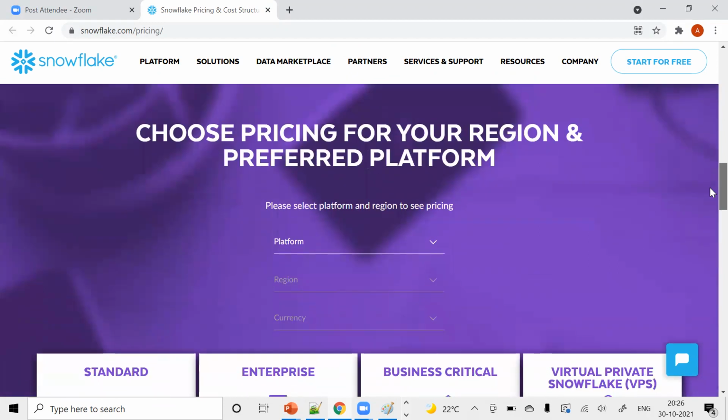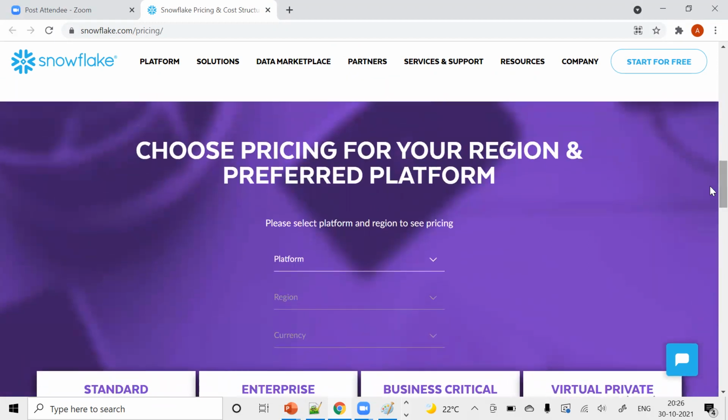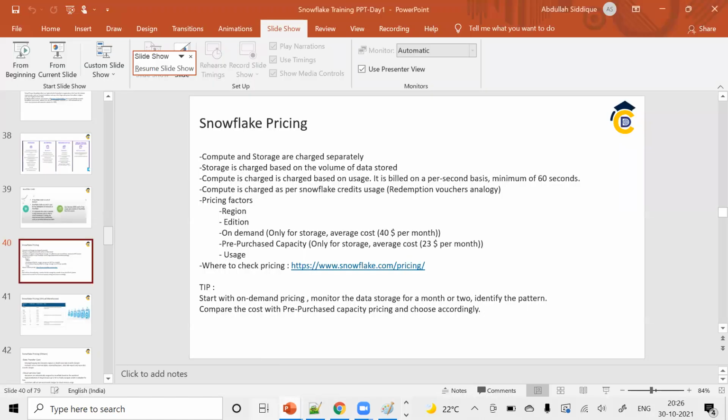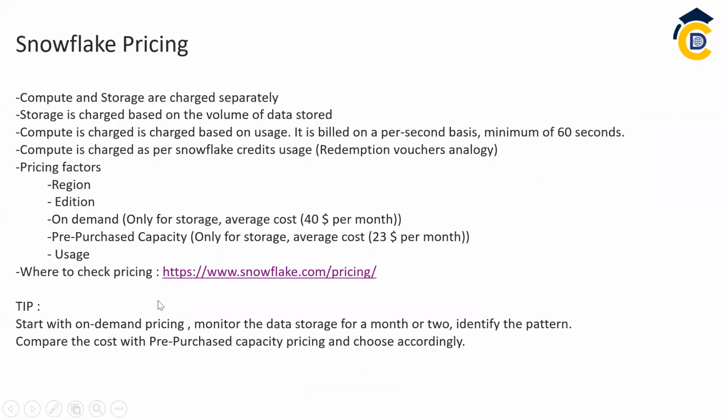So guys, what are the different factors that will impact the pricing? It is these. It depends on the region you have been hosted on.